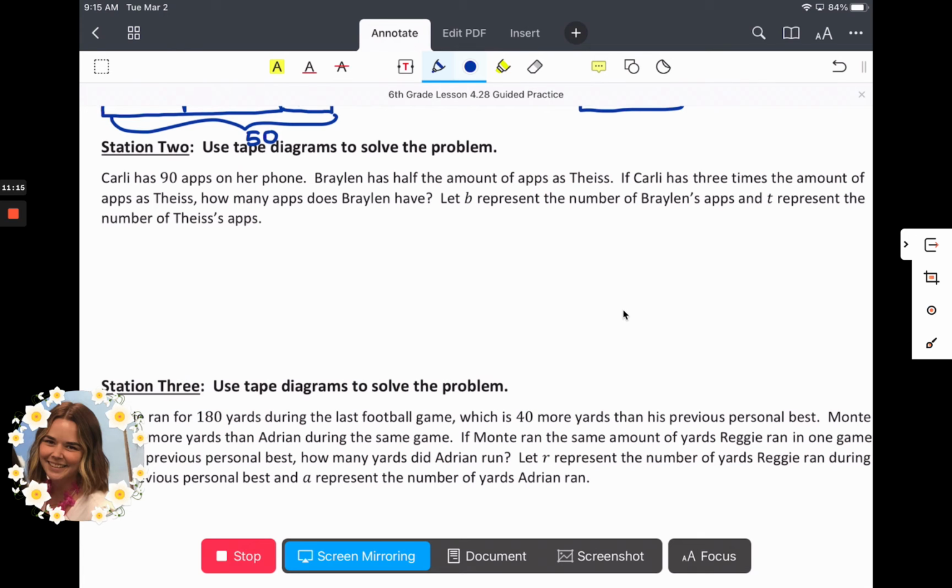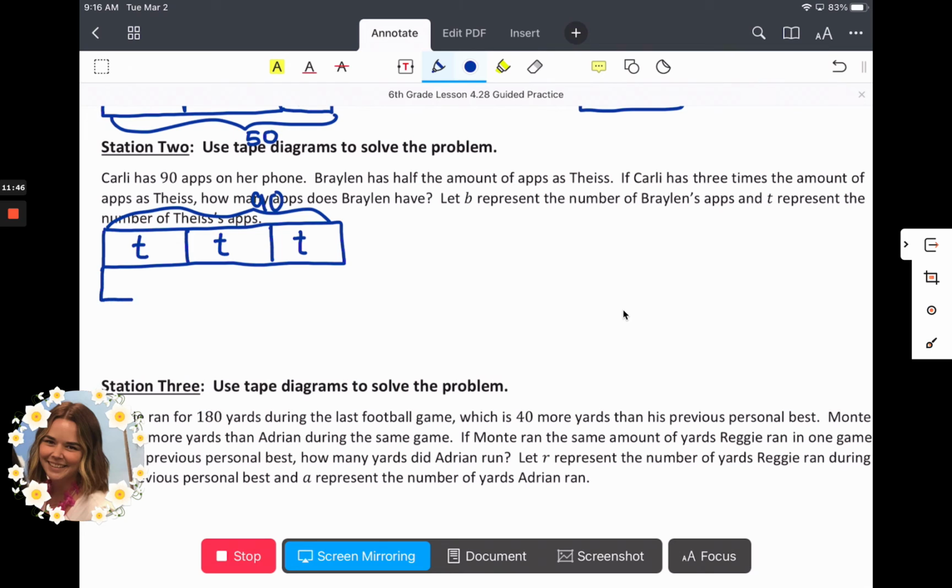So we're going to start with Carly. We'll say that this is Carly. And we know that Carly has 90 apps. We know that Carly has 3 times the amount as Theus, so we can divide Carly into 3, and each of those pieces is the amount that Theus has.